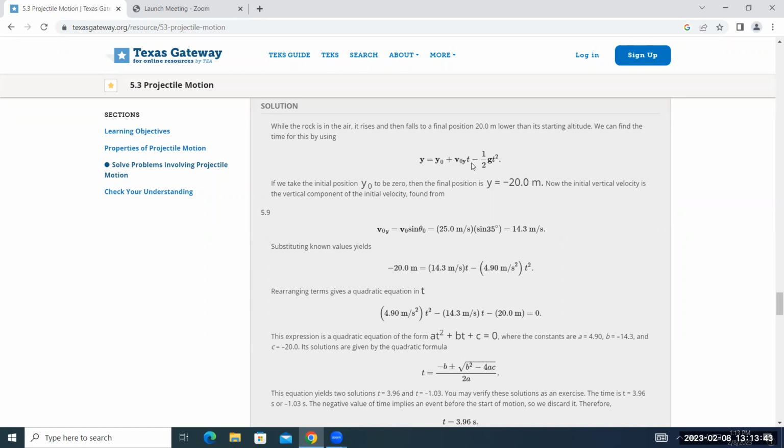We know it's the time it takes to travel the whole distance because Y is going to be our final position. If we wanted to know halfway, then we'd need to know what this halfway Y distance is. In this case, we don't care. We just know that our final position is going to be this, so we want the total time. So that's what T is.